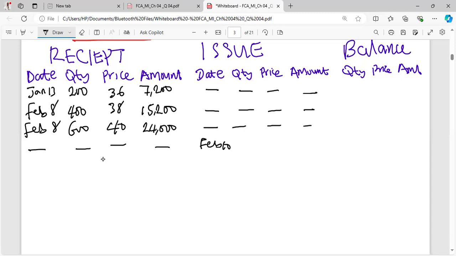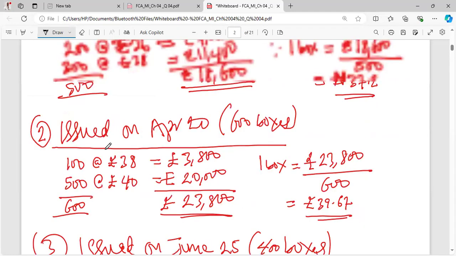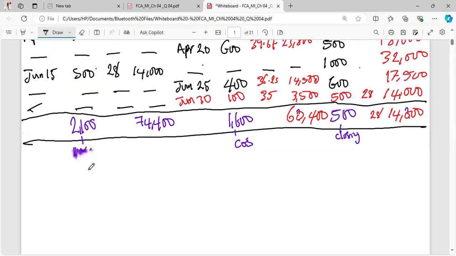February 10, we had 500. Then the next time, we are having April 12th. That's 400. And it was for 14,000. So what was our price? 35 pounds.